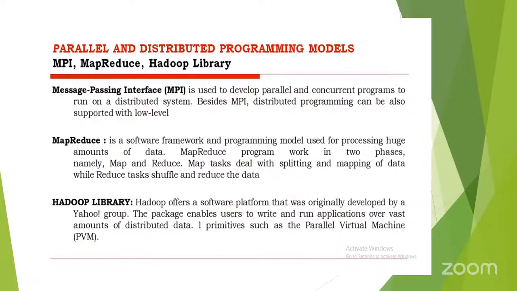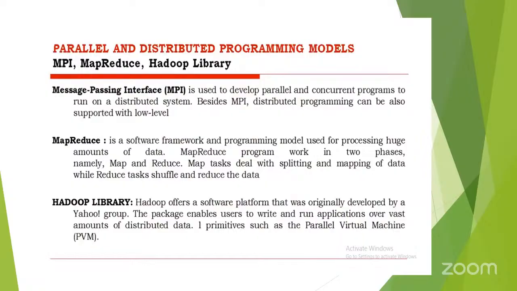See here, MapReduce is a software framework and programming model used for processing huge amounts of data. A MapReduce program works in two phases, namely map and reduce. The map task deals with the splitting and mapping of data.